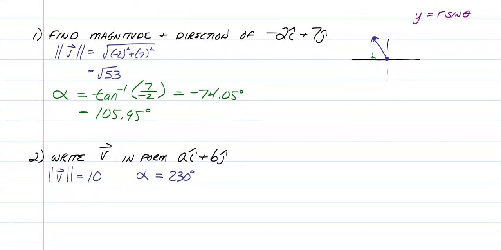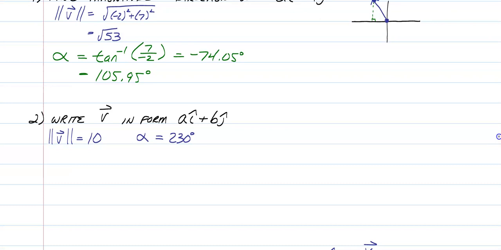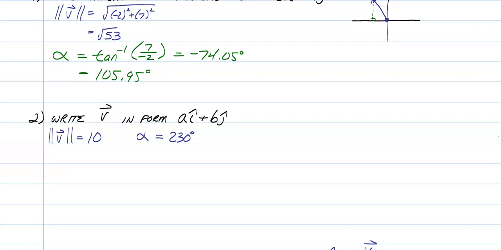Next question. I'm going to give you the magnitude and the direction, and you're going to work backwards and say, how do you write it in the form of ai plus bj? And to do that, all you really have to do is think about our old r cosine theta and r sine theta for our x and y.